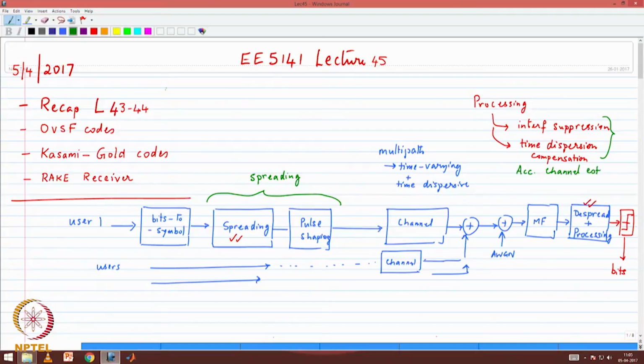This is usually done in the case of CDMA 2000, where the coherent channel estimates are obtained through a pilot channel, which is not transmitting any information but is only transmitting an M sequence, so that you can do the channel estimation. So there is a pilot channel, and in WCDMA it is a combination: there is a pilot channel plus pilot symbols.